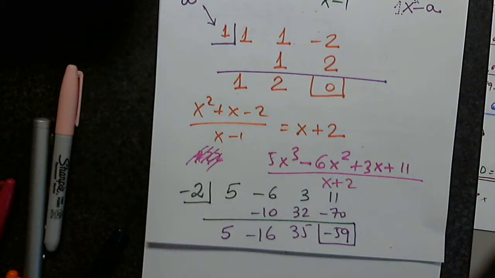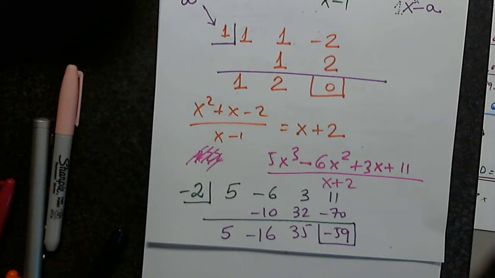So with the graphing calculator, let's put it in. So I have 5 multiplied by negative 2 to the third power, and then minus 6 in parentheses, negative 2 squared, and then plus 3 in parentheses times negative 2, and then plus 11.